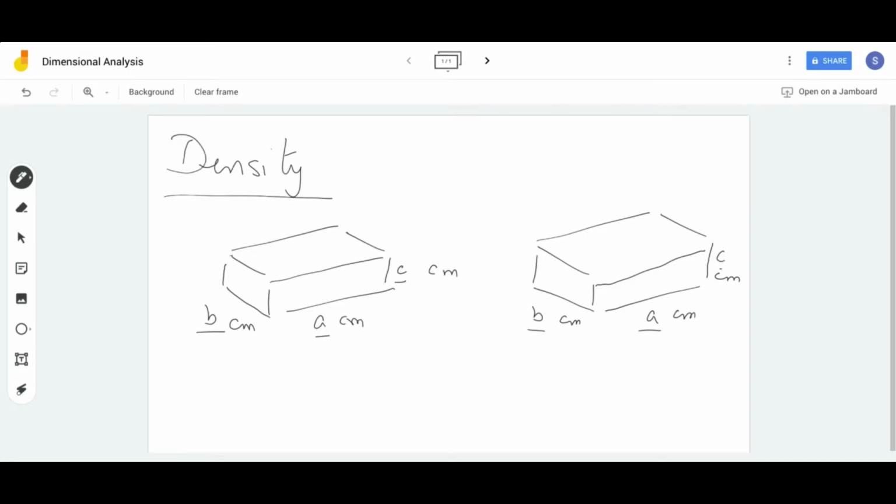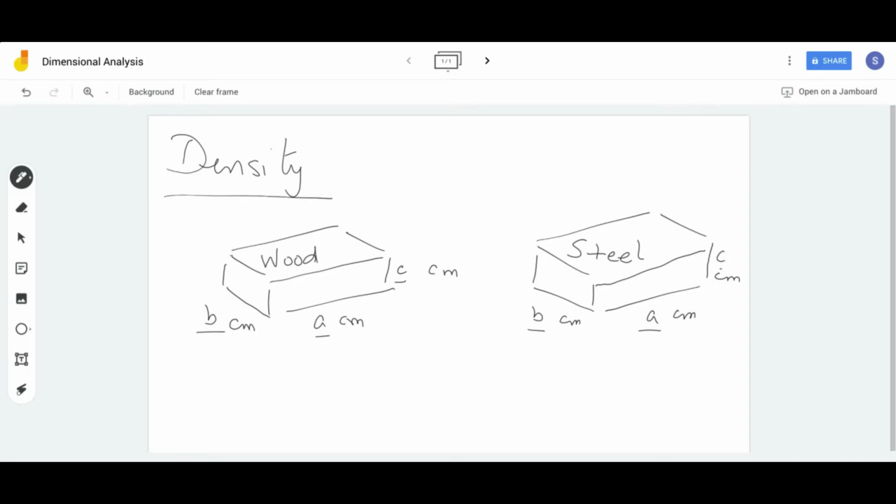So now what I can say is that this one is made out of wood, and this one is made out of steel. Now, if I were to ask you which one is going to be the heavier one, the natural answer is that you're going to say steel. Why is that? Because steel is much more dense.